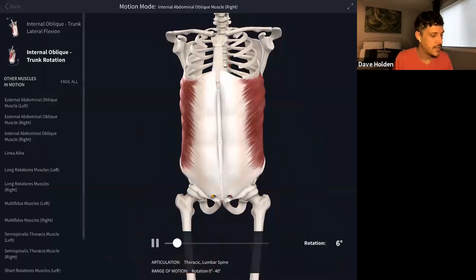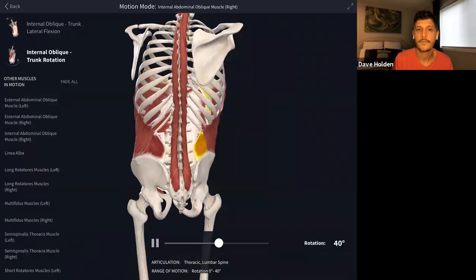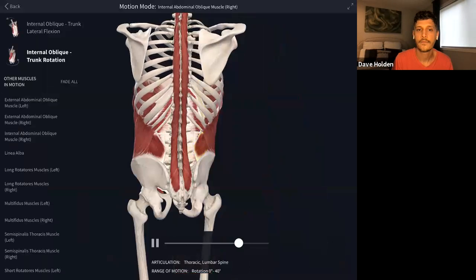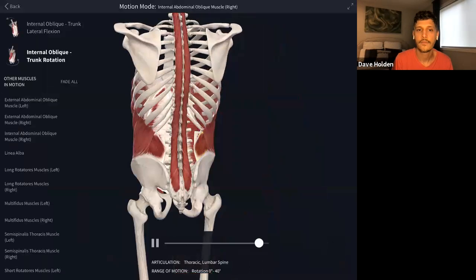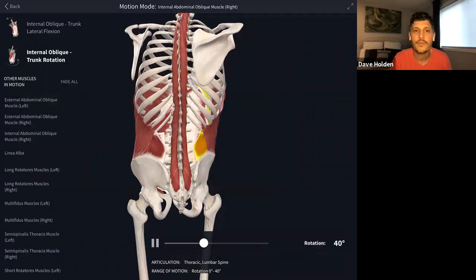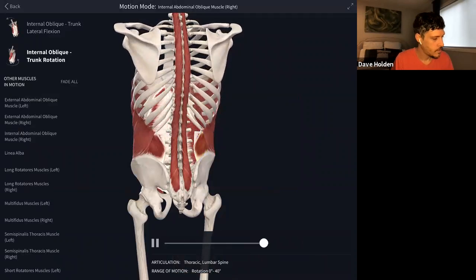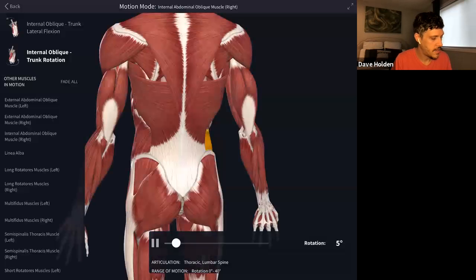But for rotation, these guys are now going to be ipsilateral rotators. Oh, and by the way, there's spinalis roped up along the spine, nice and pretty. Good stuff, good stuff.